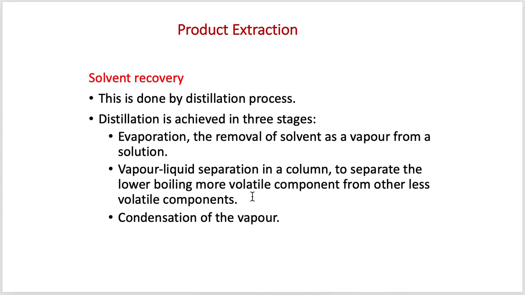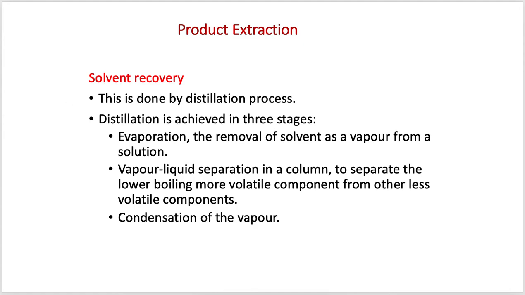In distillation, we actually heat, and we know that different chemicals have different boiling temperatures, so different products get evaporated at different temperatures. Based on these characteristics, they can be separated in a column. Finally, when we collect our desired vapor portion, we condense it and we get our product, that means we get our product in the solvent. So that was solvent recovery.